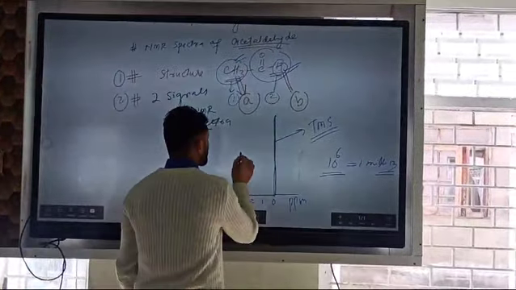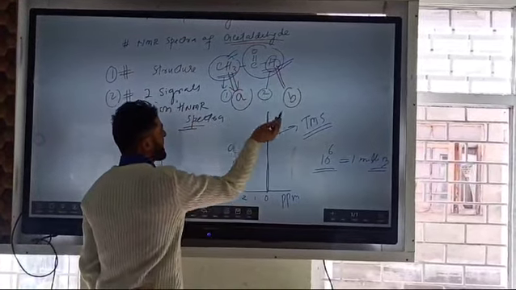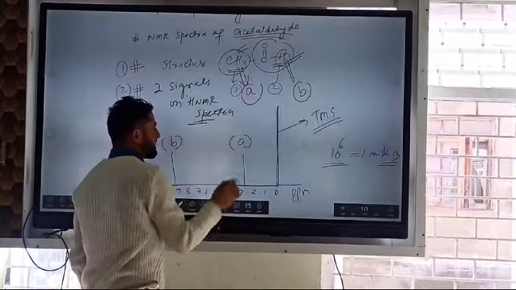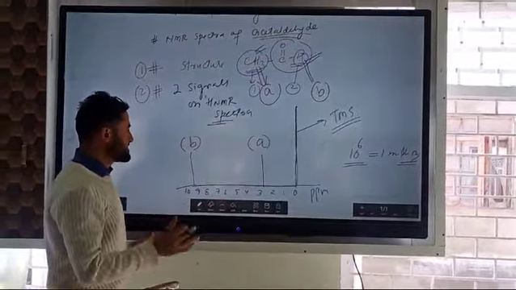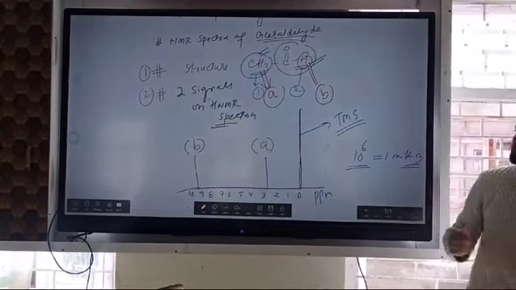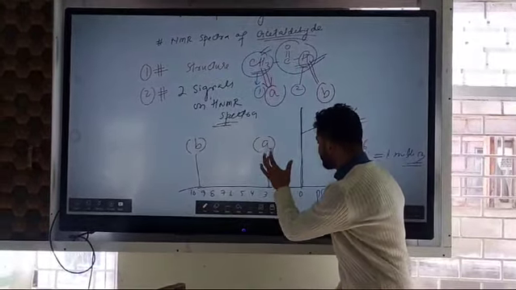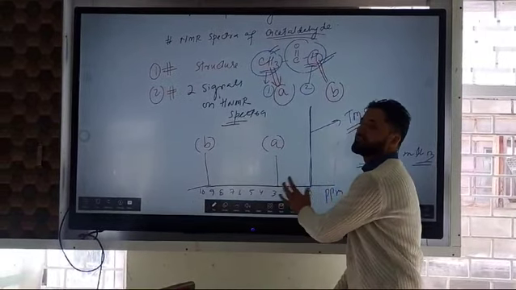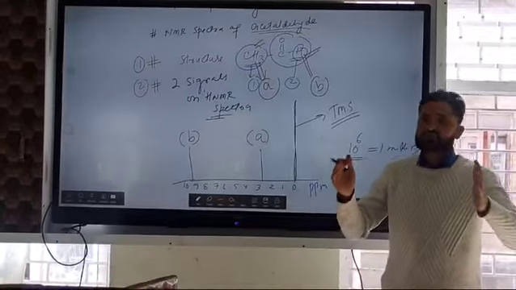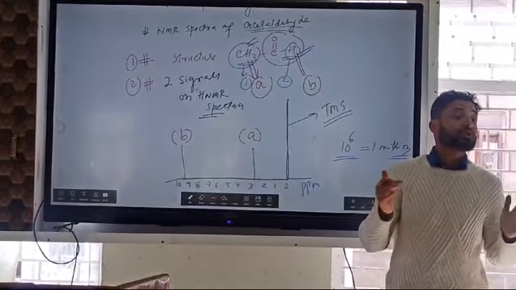So the methyl proton would be here, and the aldehydic proton would be here, right? Now you need to tell me why there is a big gap between the two different protons. This one resonates between 2 and 3, and this one resonates between 9 and 10. So there is a big gap of chemical shift.